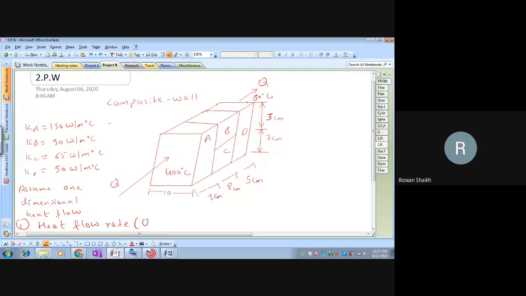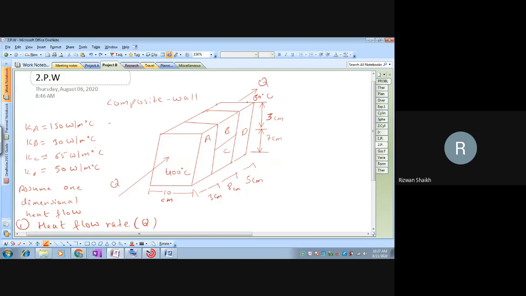The question part is totally clear. We have a composite wall which has 4 layers A, B, C, and D. The thickness of each layer is given, and the area of the composite wall is given, length into breadth. So this is also 10 centimeter.